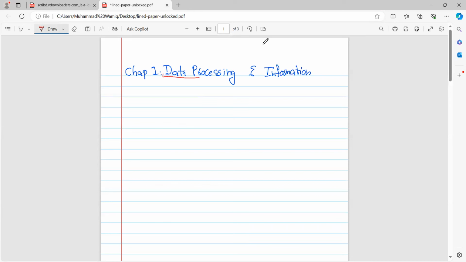what it means to process the data. That means that if I have any example of any sort of data, the first thing I need to do is collect that data. And even before collecting that data, I first need to recognize what are going to be the facts and figures or the information or data that I need to process.